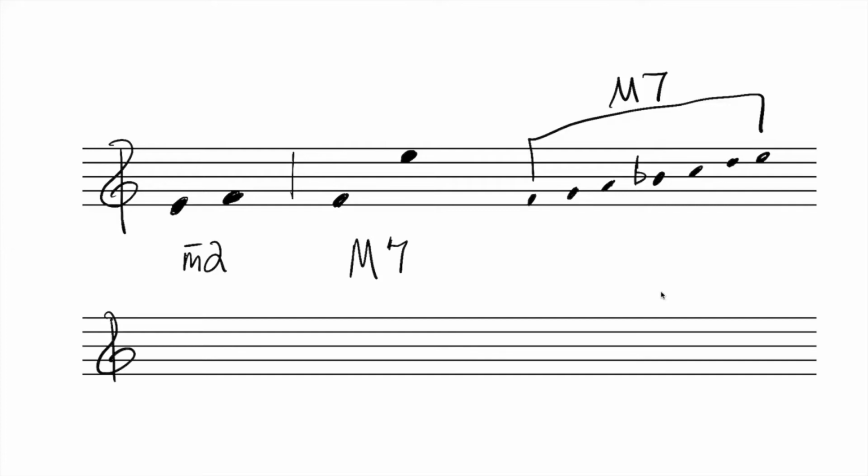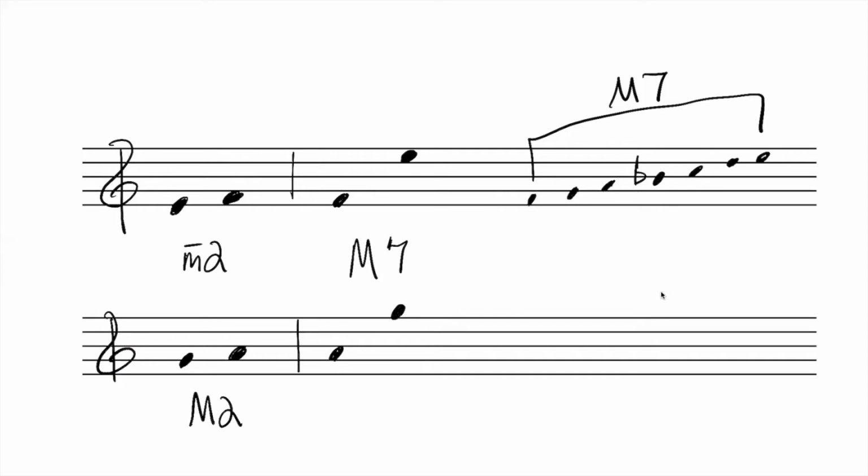Here we're going to start with a major second. In this case, G to A. Using interval inversion, we're going to take the lower note and put it an octave higher.